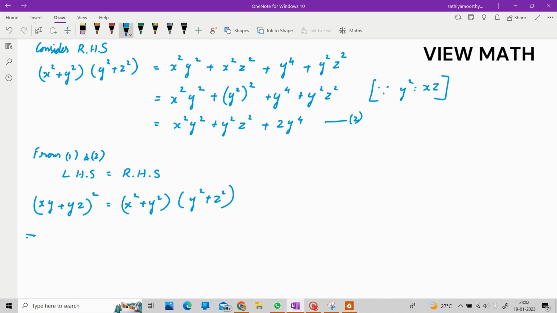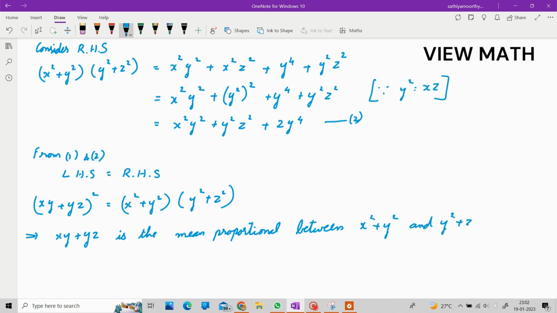This implies that xy plus yz is the mean proportional between x square plus y square and y square plus z square, which is what they are asking us to prove in the problem. Hence proved.